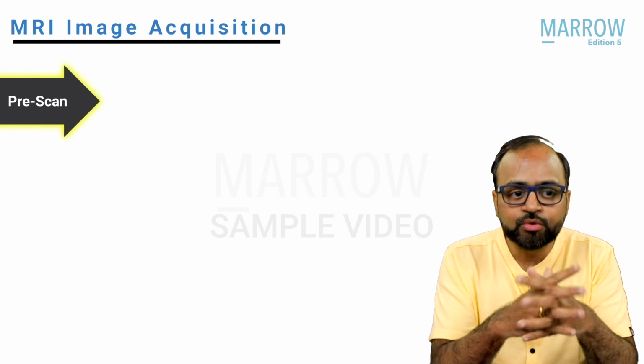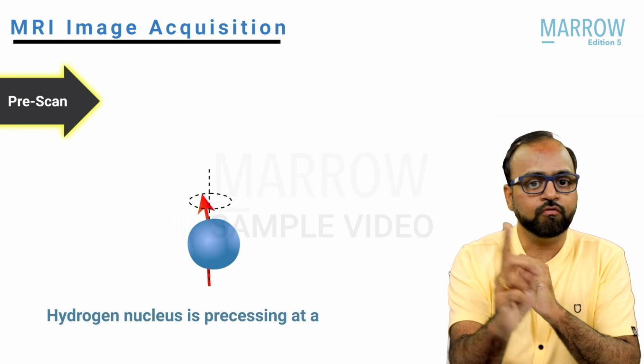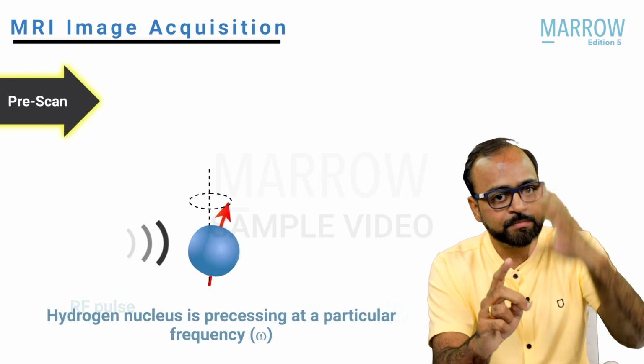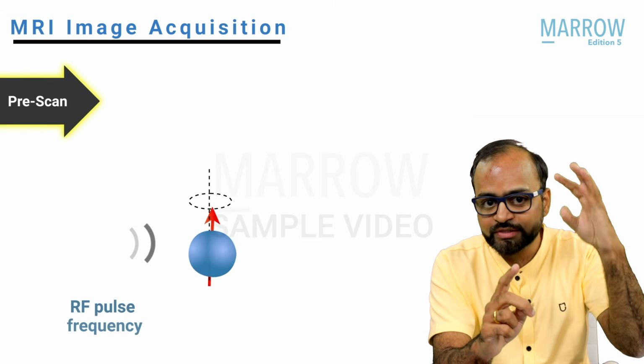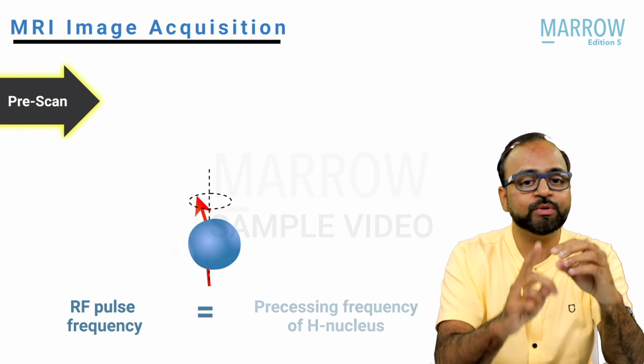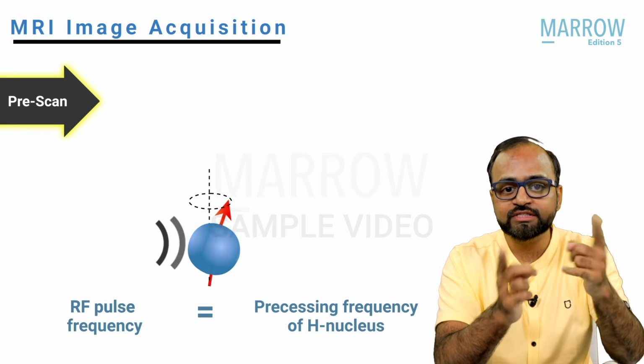Do you remember I just told you that the nuclei in the body are precessing or wobbling at a particular frequency? The machine is going to emit radio frequency pulses to the body. If the frequency of the radio frequency pulse exactly matches the precessing frequency of the nuclei, then both frequencies will match.